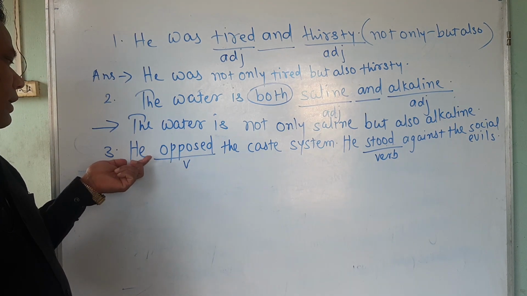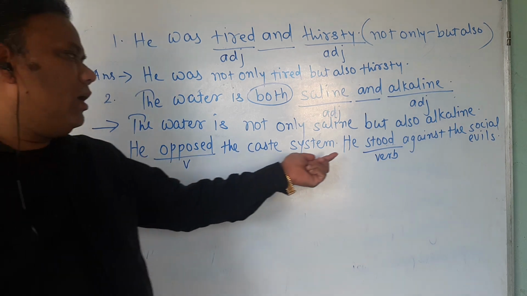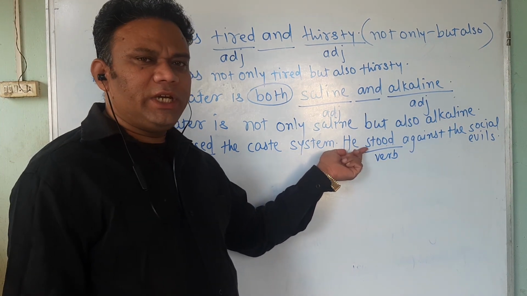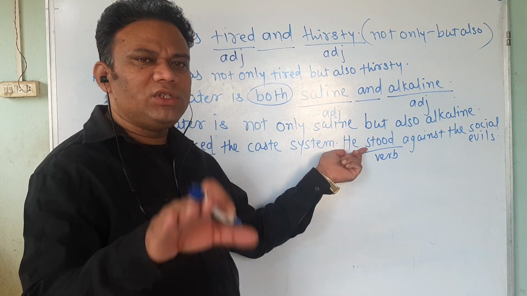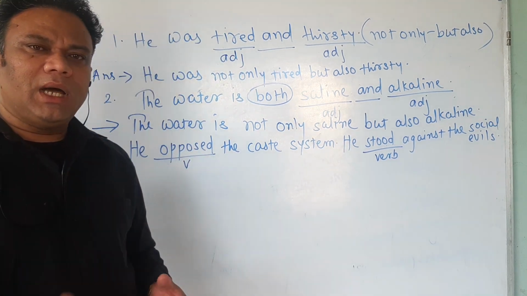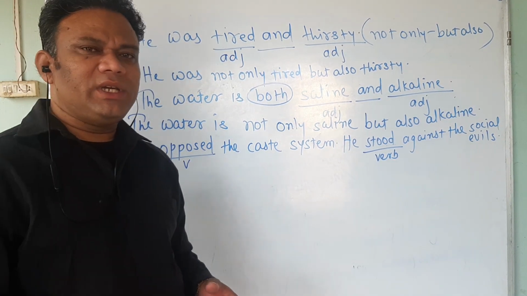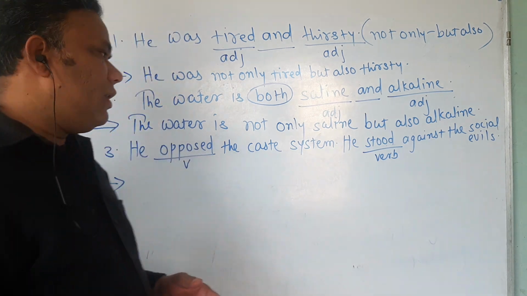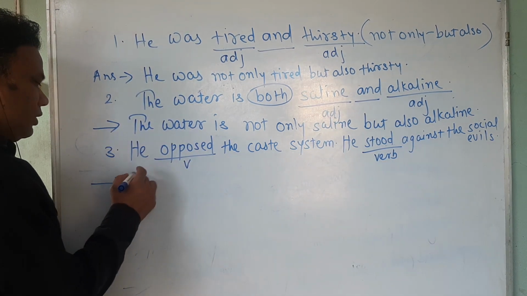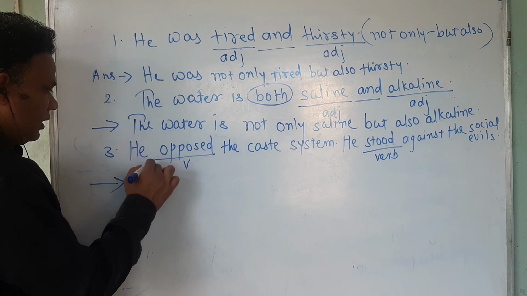Now here also the subject is he, here also the subject is he. Same subject is used twice, but in the answer we don't need to use the subject twice, we have to use it once only.